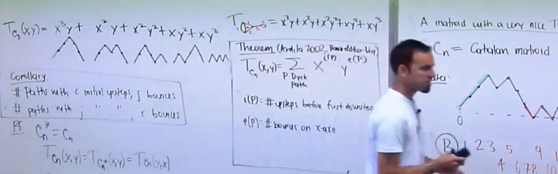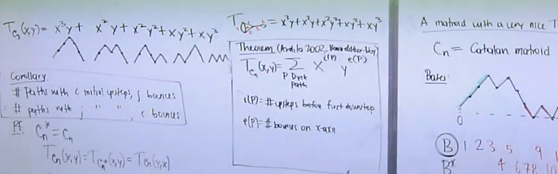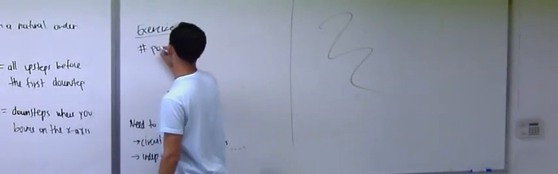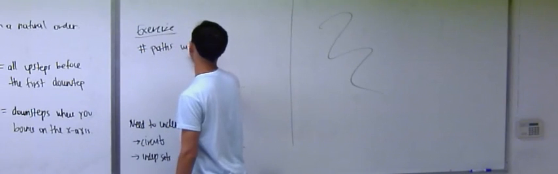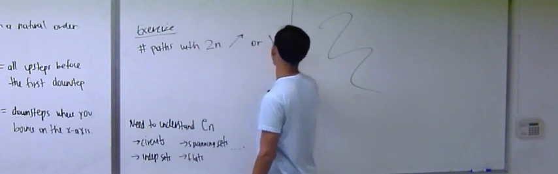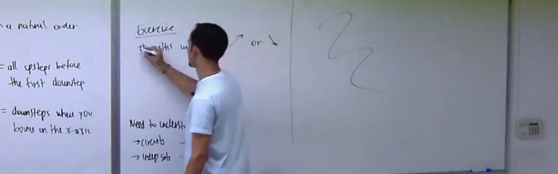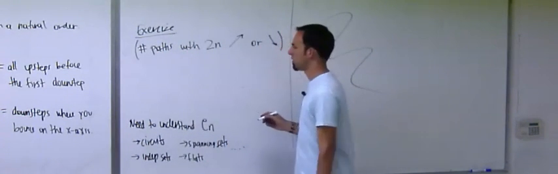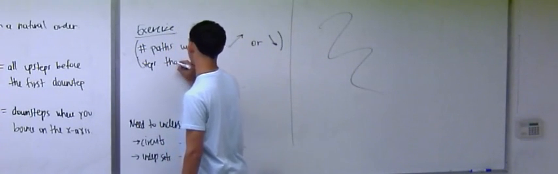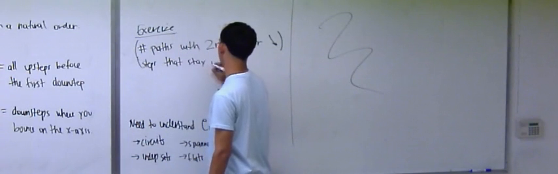There's an exercise that I want to give you guys to finish. Exercise: the number of paths with 2n steps that go either up or down and stay above the line x equals 0.